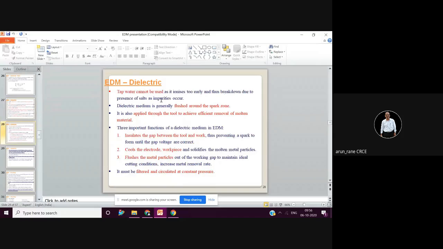Tap water cannot be used because it ionizes too early. So what are the important functions of the dielectric in EDM? It insulates the gap between the tool and the work. It cools the electrode as well as the workpiece, and it flushes away the metal particles, that is debris.